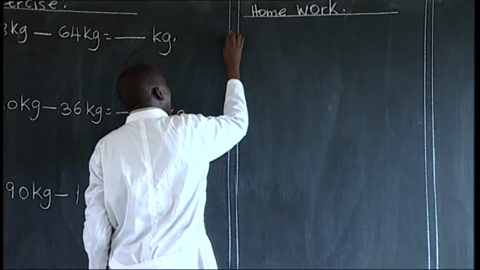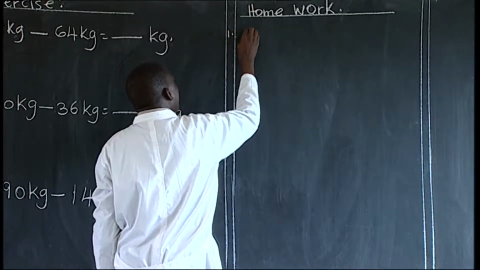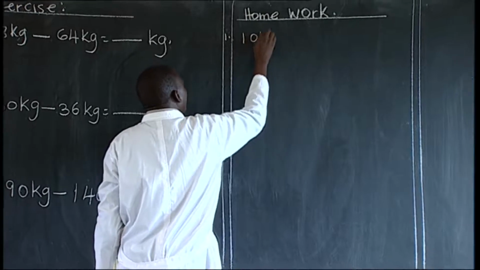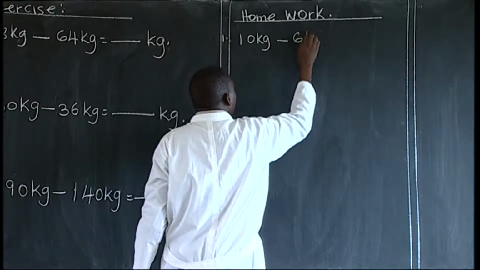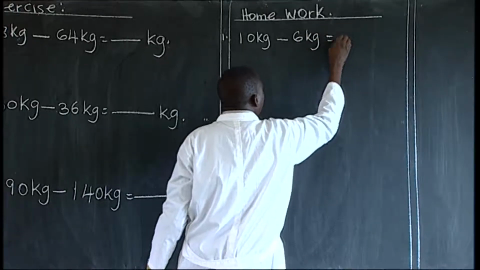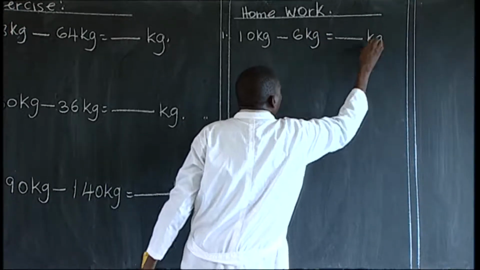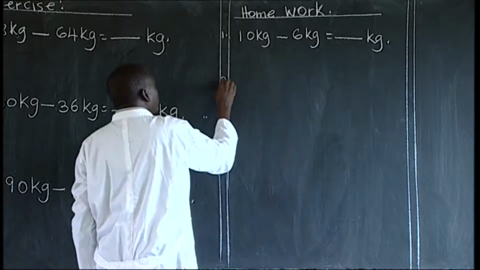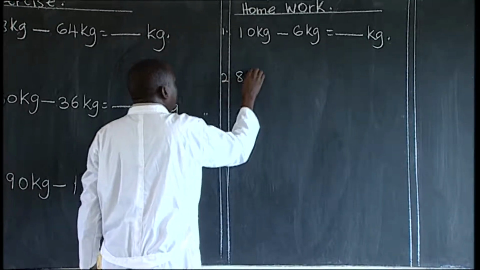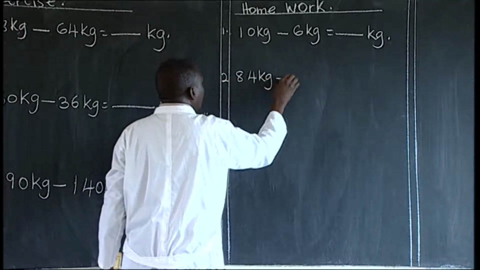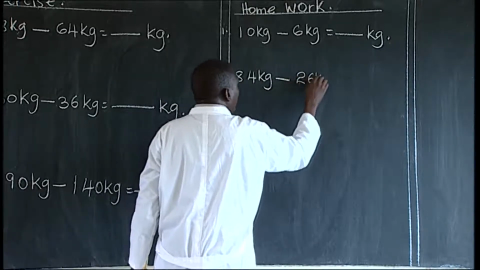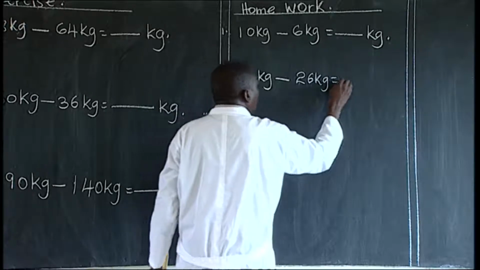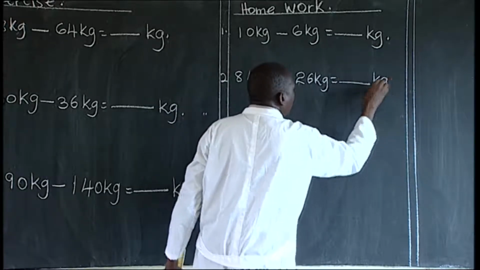Number 1, in our homework, we shall have 10 kilograms, take away 6 kilograms equals dash kilograms. Then number 2, we shall have 84 kilograms, take away 26 kilograms equals dash kilograms.